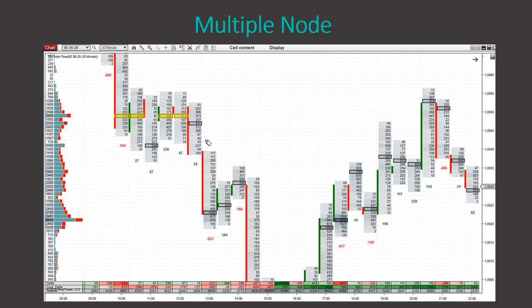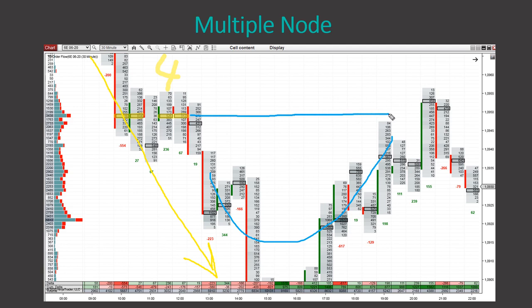So this is sort of 4 high volume nodes almost next to each other, alright? This definitely is a significant area where sellers were adding to their selling positions to push it further down into the downtrend. What you do is you wait for a pullback. This is the resistance, this is your resistance level. You go short from there.